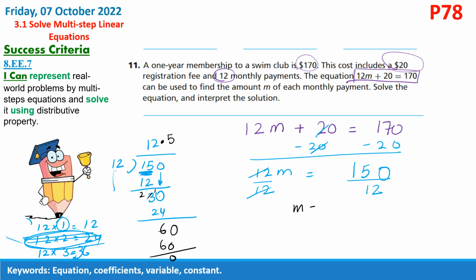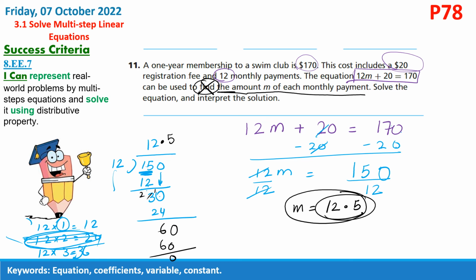So, m equals 12.5. So, how to interpret this? You will see they are asking you to find the amount, right? So, you start, don't write the find, right here: the amount m of each monthly payment is 12.5. That is right.